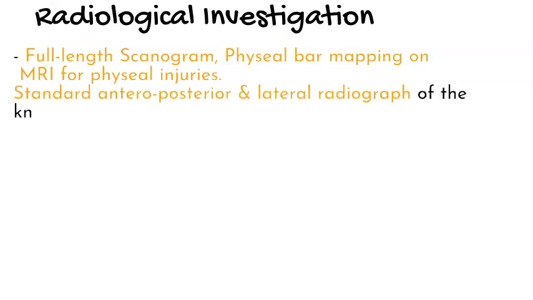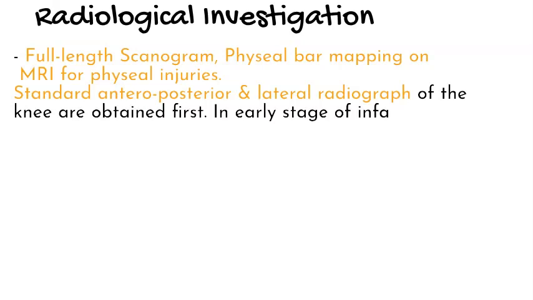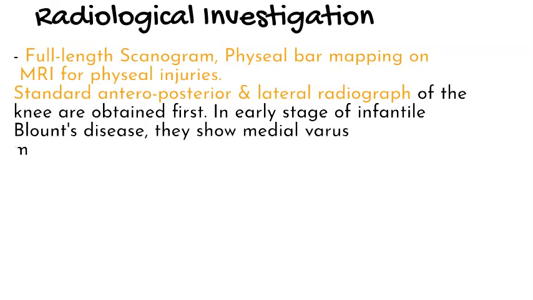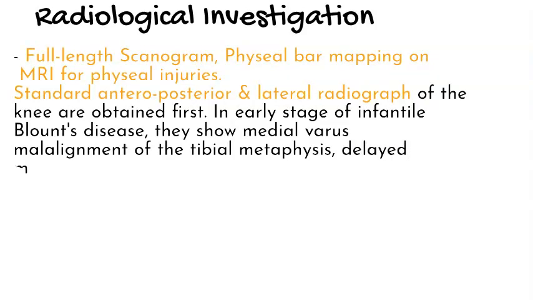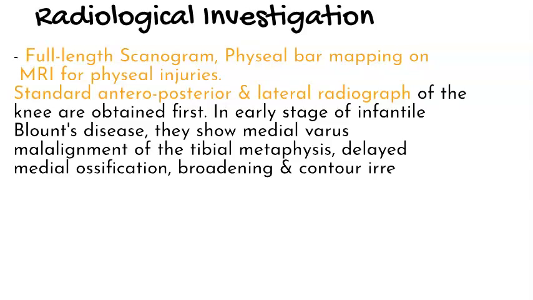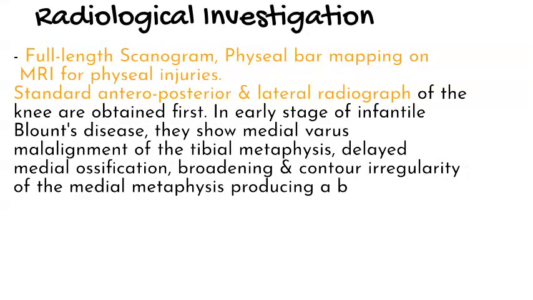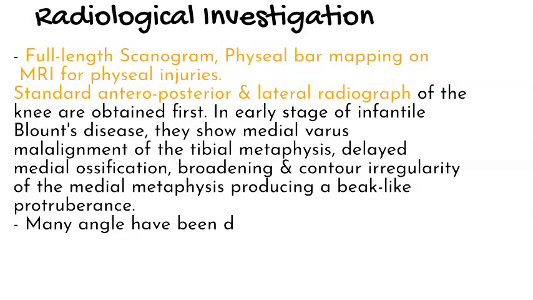A standard anteroposterior and lateral radiograph of the knee are obtained first. In early stage of infantile Blount disease, they show medial varus malalignment of the tibial metaphysis, delayed medial ossification, broadening and contour irregularity of the medial metaphysis, producing a beak-like protuberance.